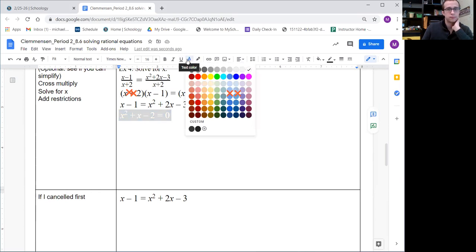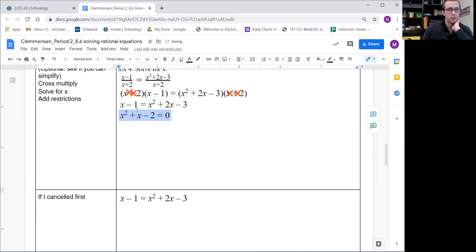Move this over, move this over. Now that I have all of them together, I can factor. I use this method of factoring whenever I have an x squared term and an x term. So if I have both of those, I'm going to put them all on one side and I'm going to factor.